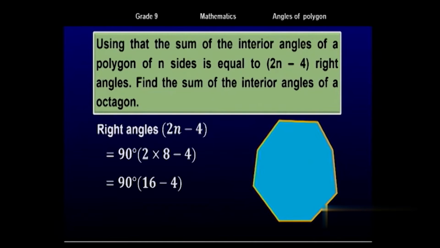What is the value of 2 times 8? 16. 16 minus 4 is 12. Then 90 into 12, 1080 degrees. So the sum of the interior angles of an octagon is equal to 1080 degrees.